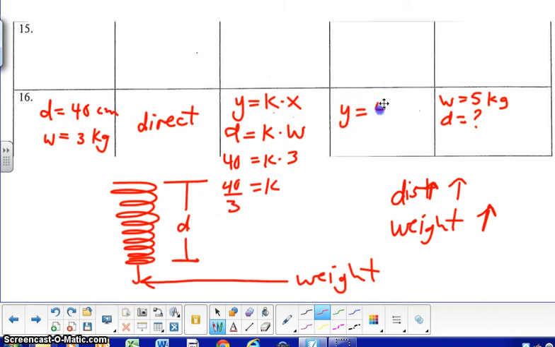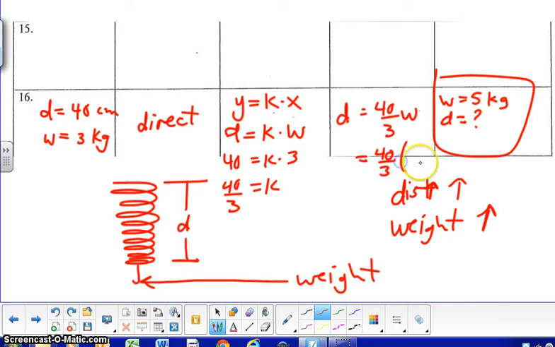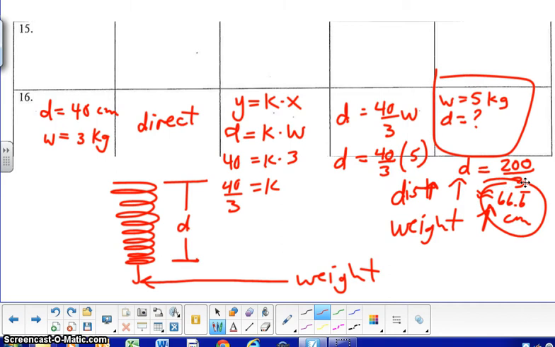So your equation of variation is d equals 40 over 3 times w. I messed up on the y; I want to keep it with d. It's just a lot easier to plug in our prediction, because now w is going to replace the w, and now I'll be able to find the distance. Multiply that together, so distance equals 200 over 3, which is approximately 66.6 repeating centimeters. So as the weight goes up, the distance is going to go up as well.